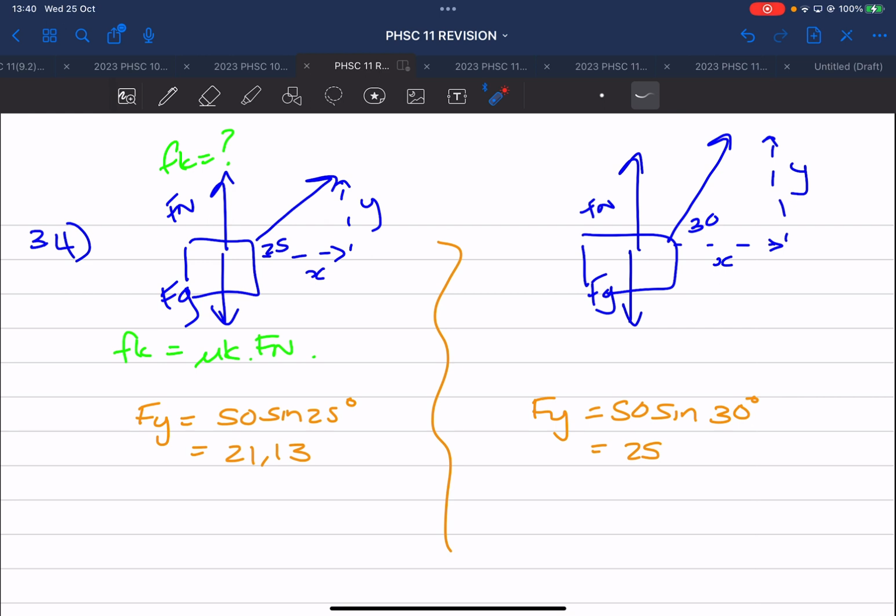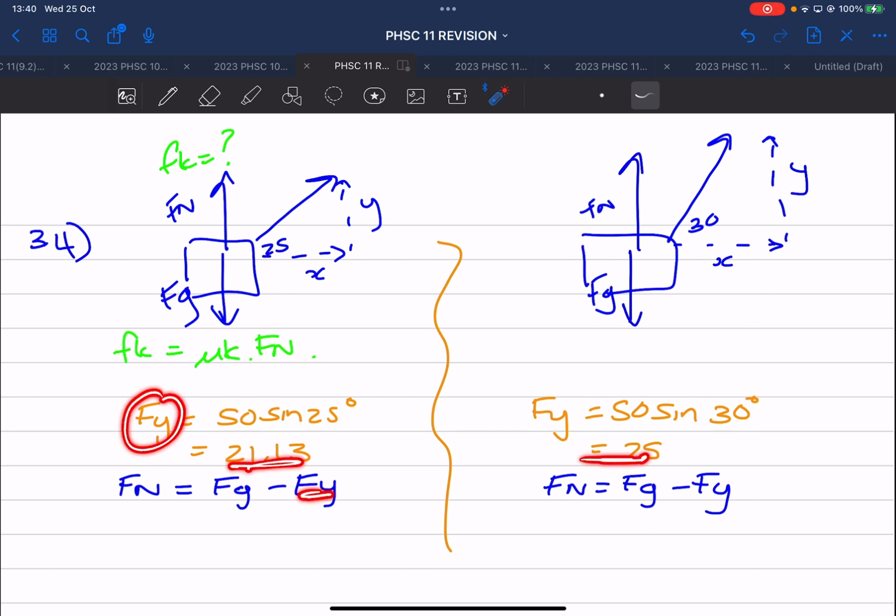Okay, now remember, for this one, Fn was Fg minus Fy. For this one, also Fn is Fg minus Fy. So if the y component got bigger, if g remains the same, then what happened to the normal component? It decreased.